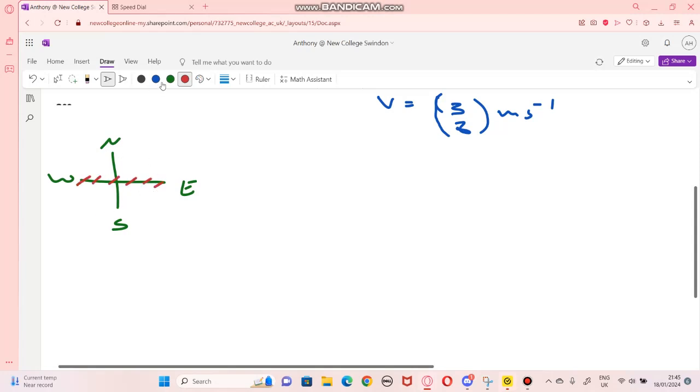It's only going up towards north. And it can't be south either, so we must have a positive north direction. This means we must have a positive y, or in this case, because we're doing vectors, a positive j.